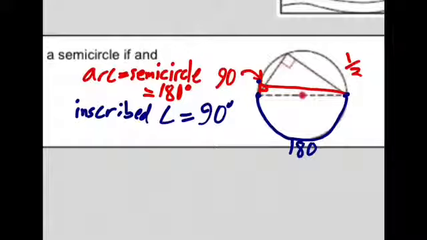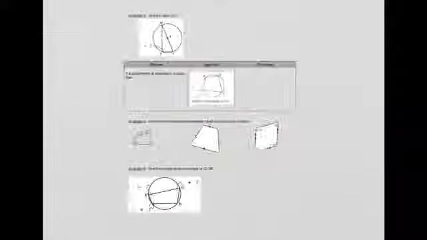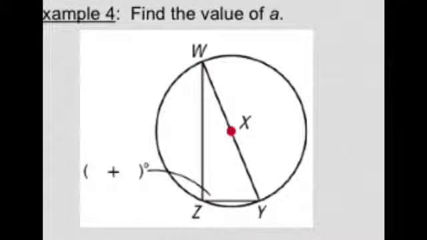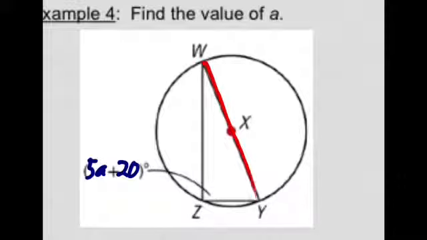All right. So example number 4 wants you to find the value of a, and it's basically asking just what we were doing right here. It says that this is 5a plus 20 degrees. What's the name of segment WI? It is a hypotenuse, but as far as a circle goes, oh, I kind of gave this away, didn't I?